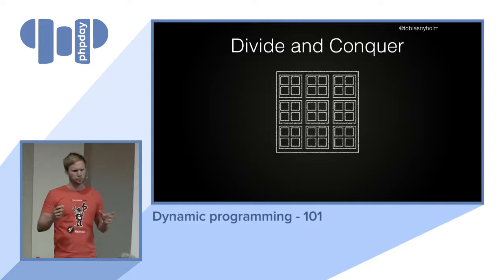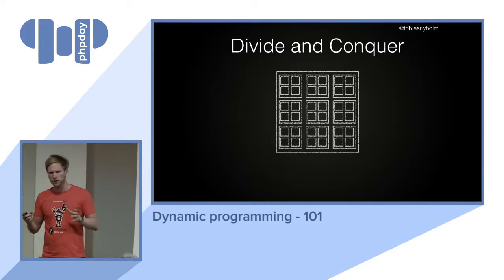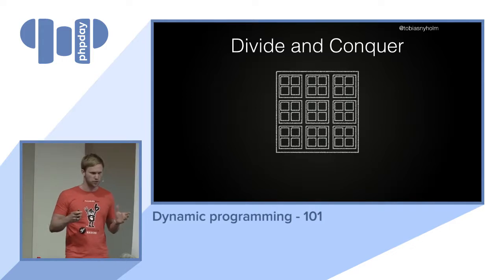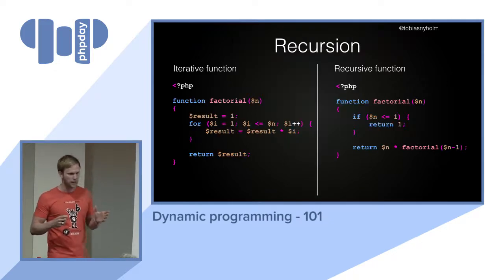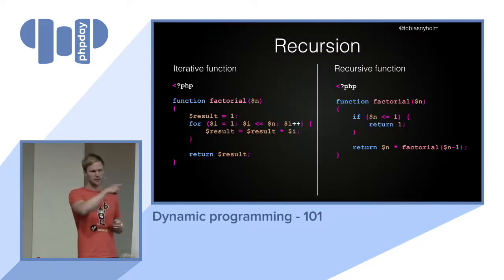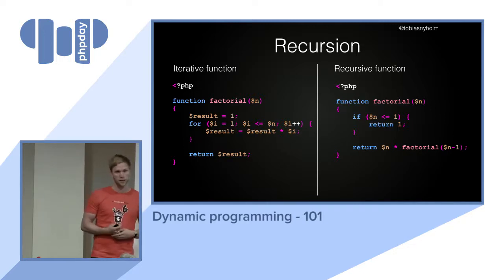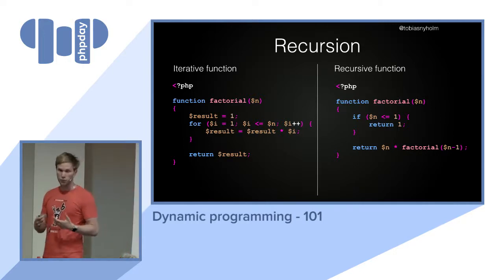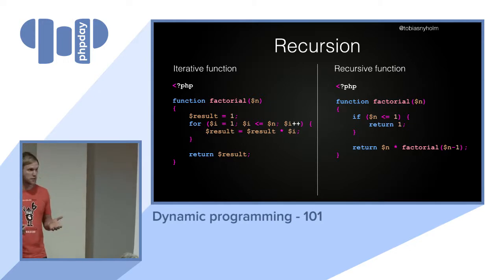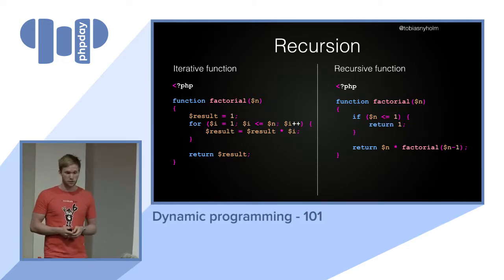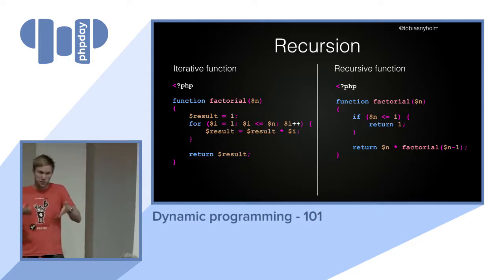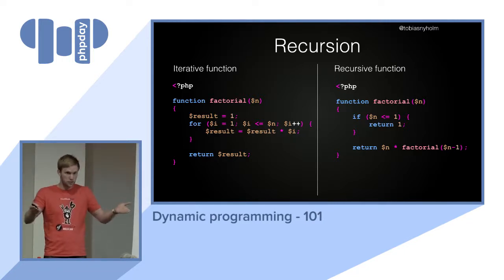And whenever we talk about divide and conquer, you may think of recursion, right? And if you don't know recursion, this is a simple example of it. In my example, I'm calculating factorials. Factorials is basically 3 factorial is 3 times 2 times 1. 4 factorial is 4 times 3 times 2 times 1. You all know factorials?